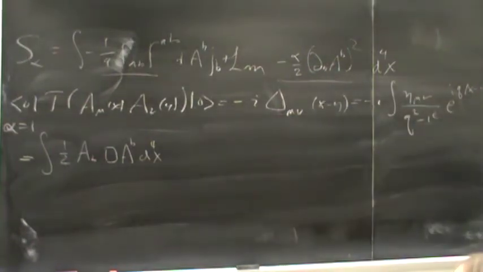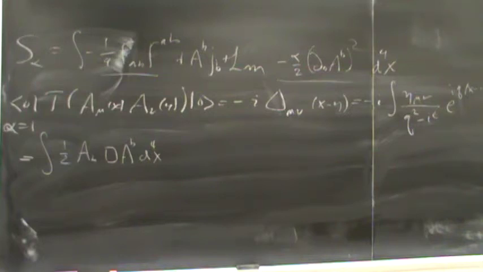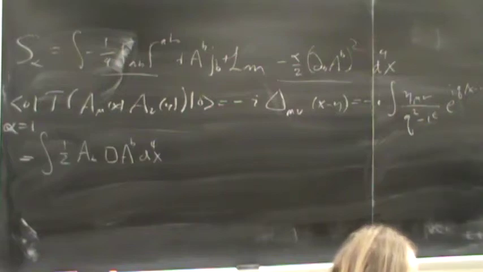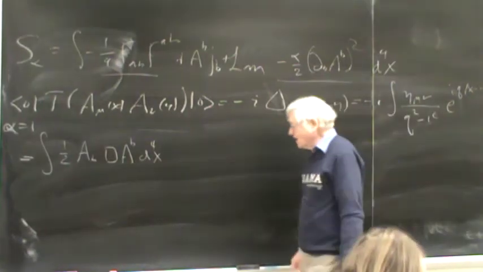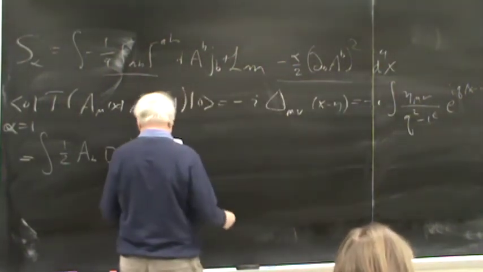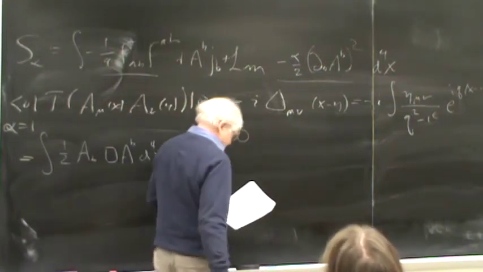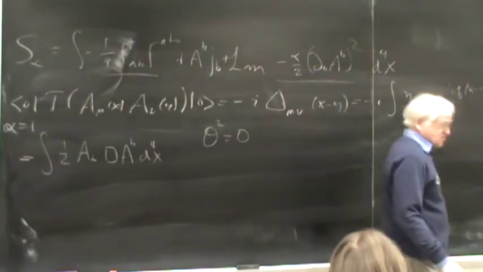Let me say, the attitude we take to these Grassmann variables is, well, let me just define them. Let's have one Grassmann variable. The basic thing about it is that its square is 0.